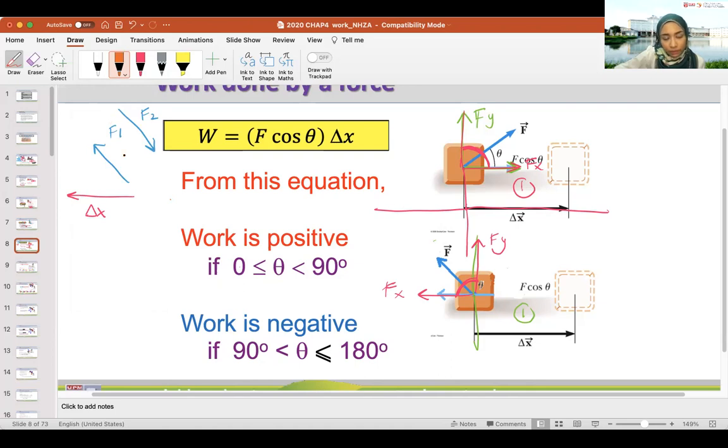F1 positive. F1 will give us positive work and F2 will give us negative work. Let's try to resolve it. If I resolve F1, I will have an Fx in the same direction as the displacement, so positive. If I resolve F2, it will be Fx over here, and this is opposite direction to my displacement. So I get a negative work done.